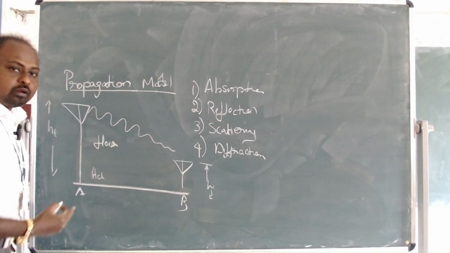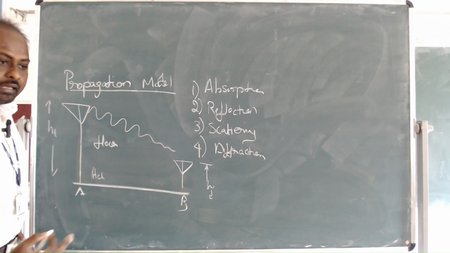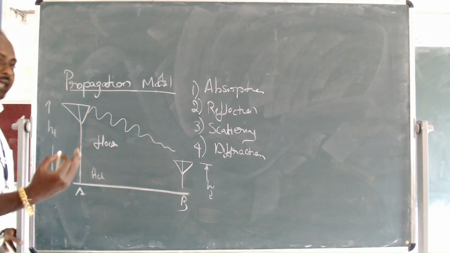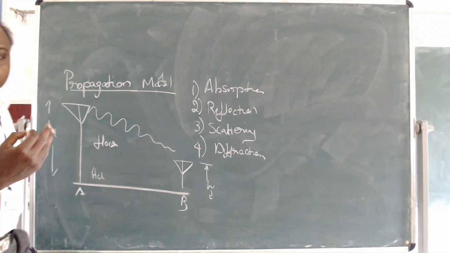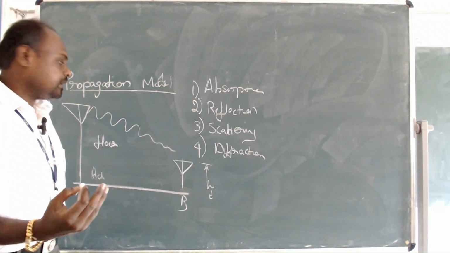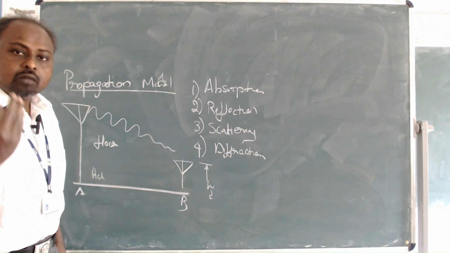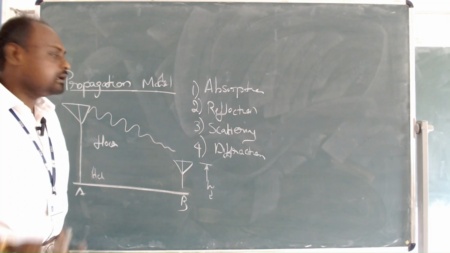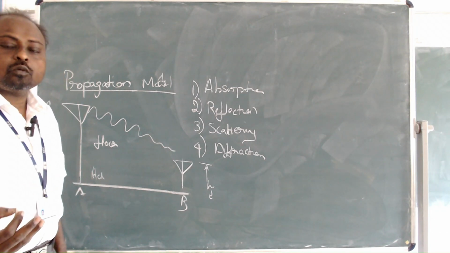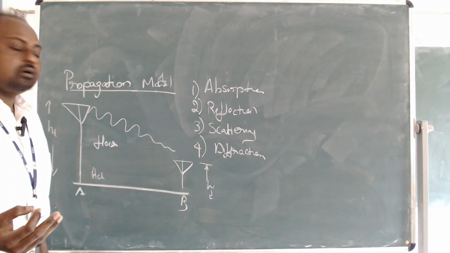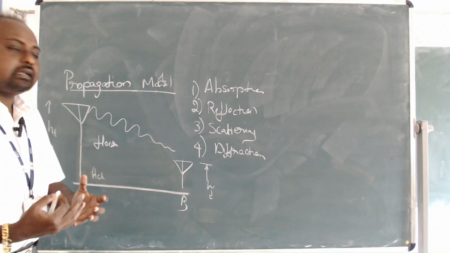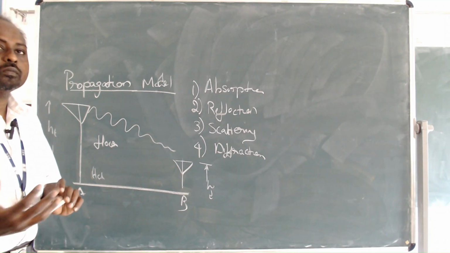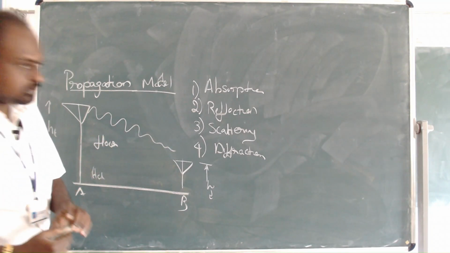Suppose it is indoor, the absorption will vary, and it depends on what kind of material you are using. Suppose indoors you have tiles, the absorption will also vary. Suppose you are using marble or an ordinary floor, the absorption depends on the kind of floor medium. So the medium that the wave passes through from transmitter to receiver, the medium that absorbs the electromagnetic wave, this phenomenon you term absorption.